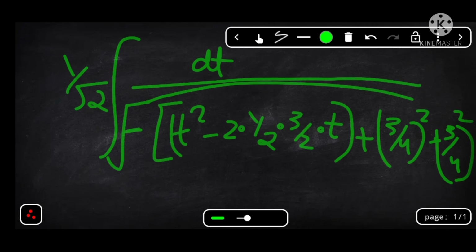Clear? So now we got it in the form of a plus b the whole square, right? Yes.